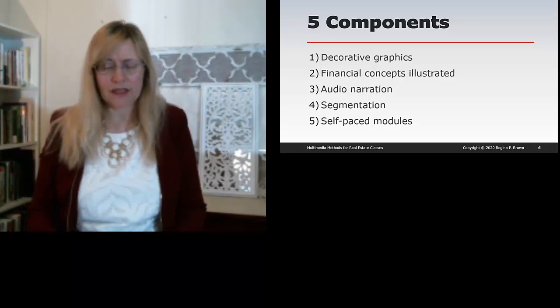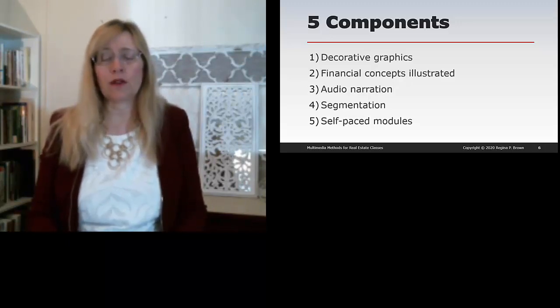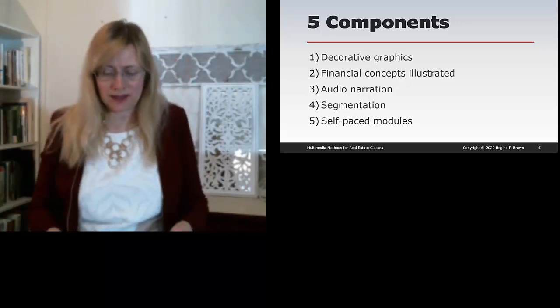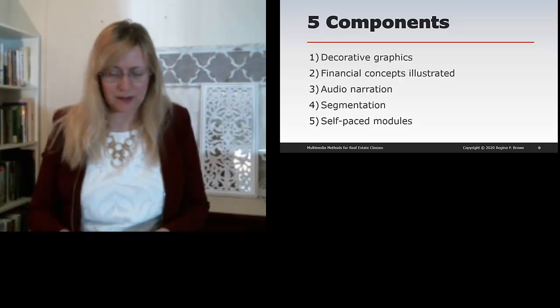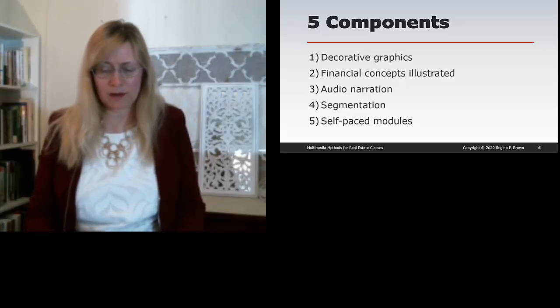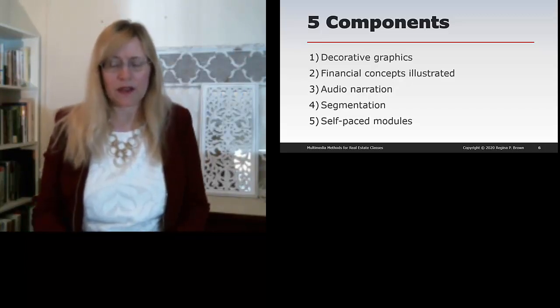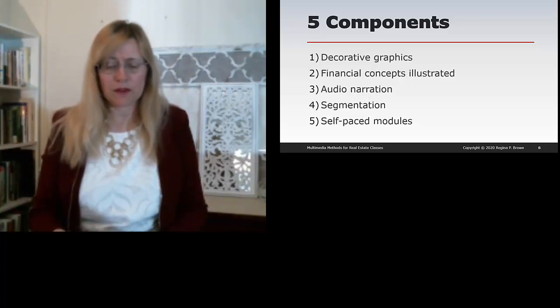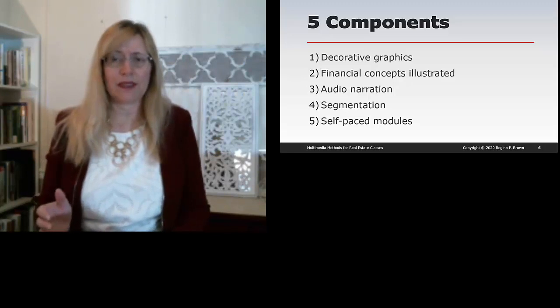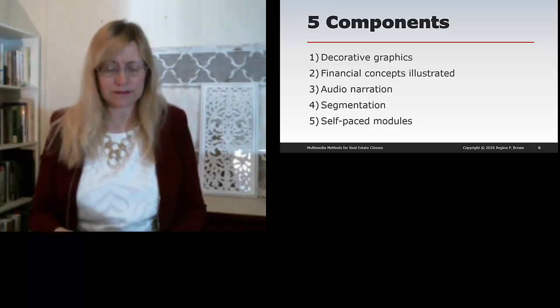In addition, a sample real estate lesson called Buy versus Rent is included in the appendix. A real estate instructional lesson designed with multimedia principles illustrates the 5 components as follows. Number 1 is decorative graphics. Those appeal to students and visually motivate them psychologically.